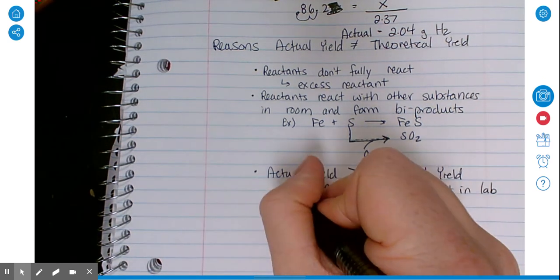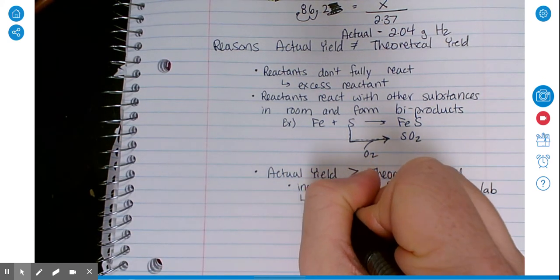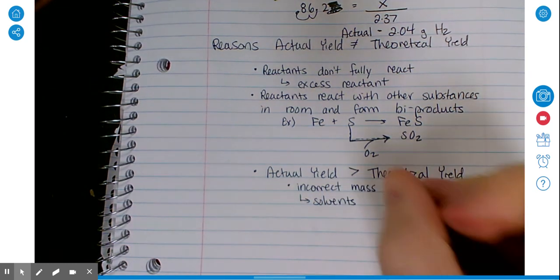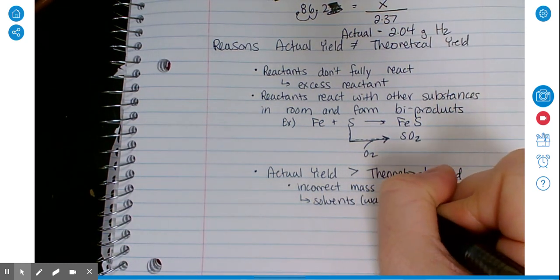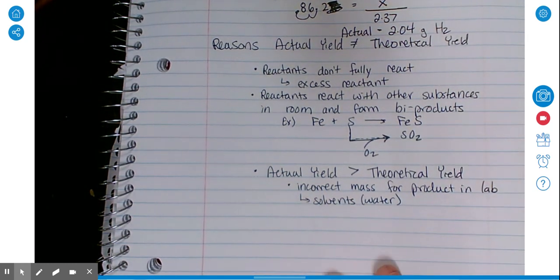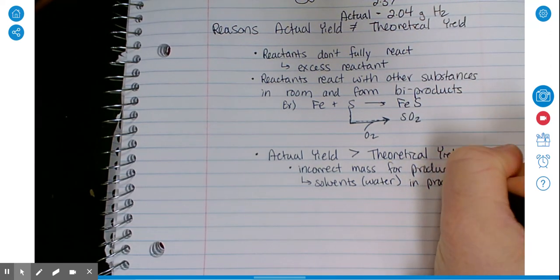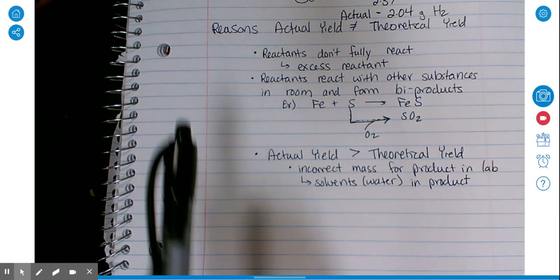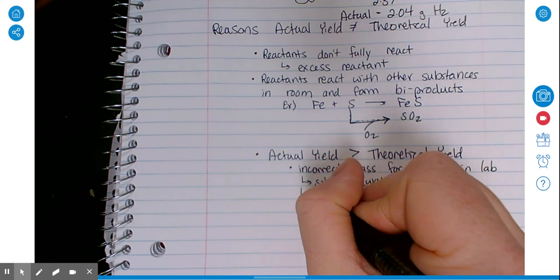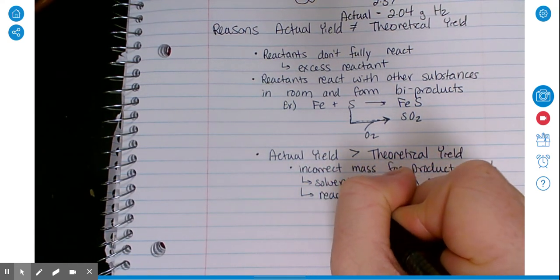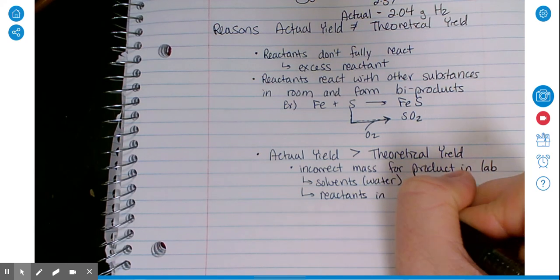Some examples of this would be things like solvents, which are usually water. So if your product is wet when you weigh it, it's going to weigh more. Or refer to number 1, you actually are measuring some of the reactants in your product.